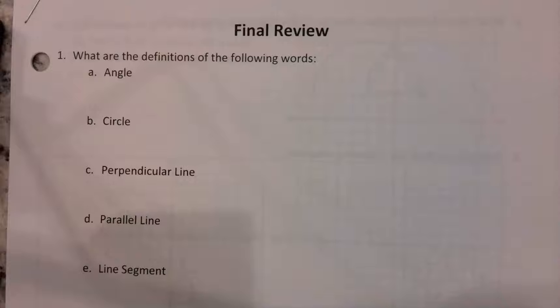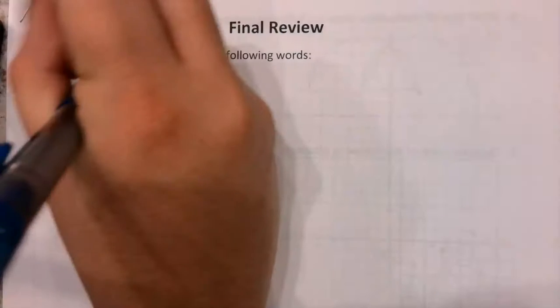Okay, the first question wants me to give the definitions of the following words. An angle is a figure formed by two rays sharing a common endpoint.